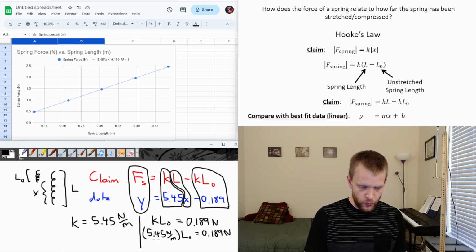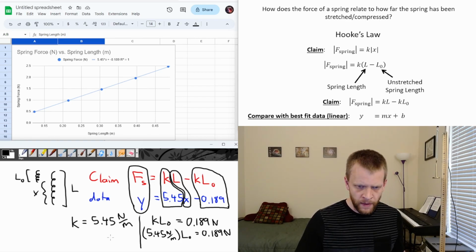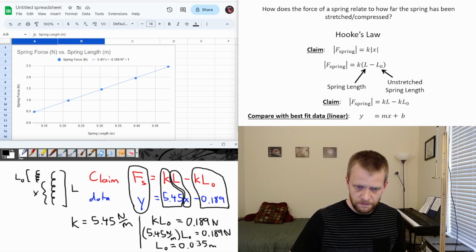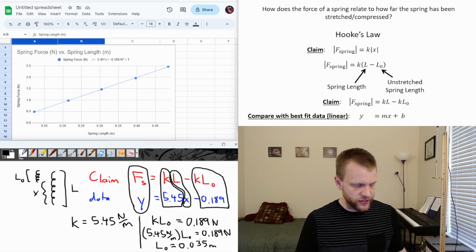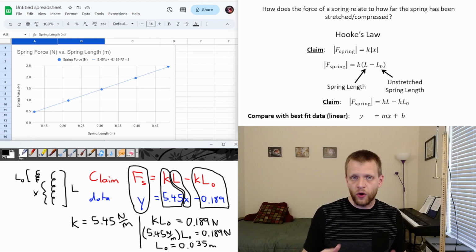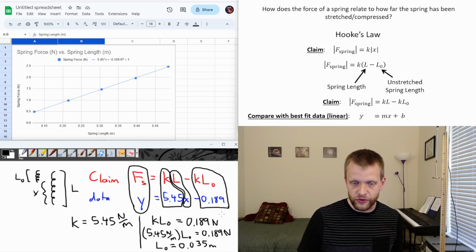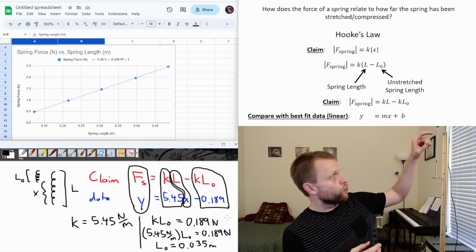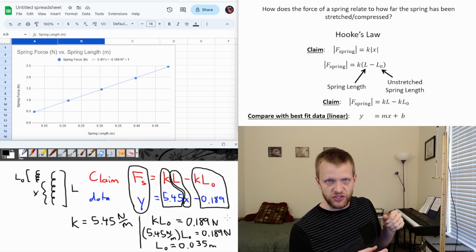If I do 0.189 divided by 5.45, I'm going to get the unstretched length of the spring is equal to 0.035 meters. Again, plus or minus some rounding. Okay. So that would be only 3.5 centimeters for the unstretched length of the spring. So we can use this data to give a prediction for what is the unstretched length of the spring.